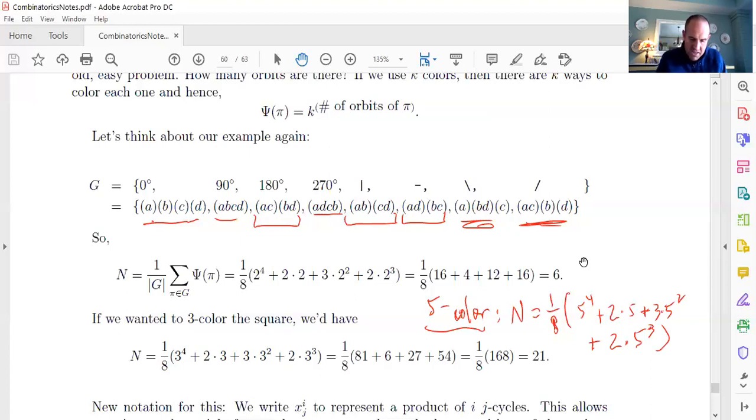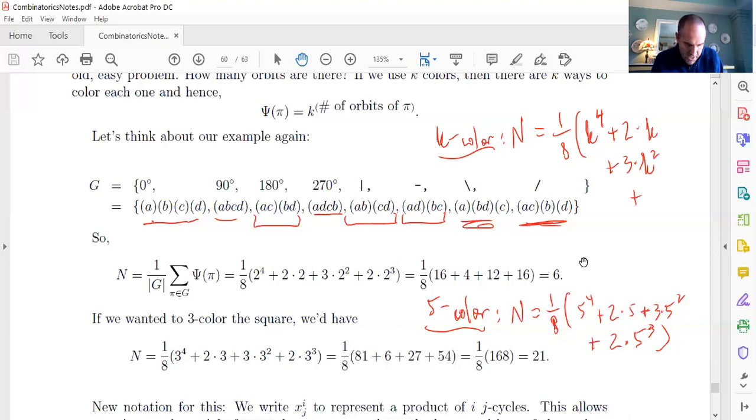But you can kind of see that if you were to do K colors, let me write it up here. The K color situation, now we can see clearly, would just be 1/8 times K to the 4th plus 2 times K plus 3 times K squared plus 2 times K cubed.